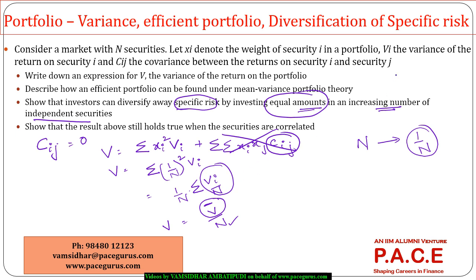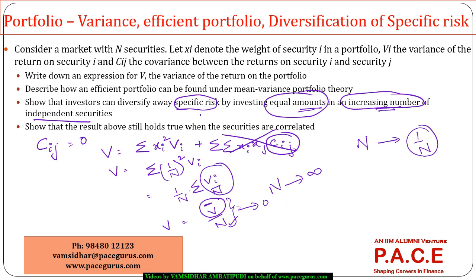But here there is another line that is being specified, which is increasing number, which means as n is tending to infinity, I see that this value will tend to 0. So the variance of the portfolio is approximately equal to 0.